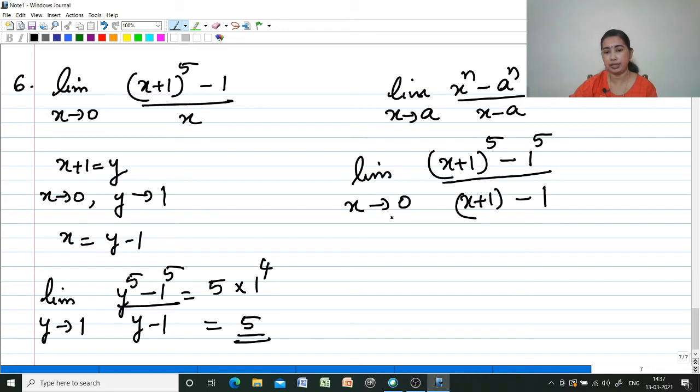Instead of x tends to 0, we can write x plus 1 tends to 1, that is the same as x tends to 0. So x plus 1 tends to 1, x plus 1 raised to 5 minus 1 raised to 5 divided by x plus 1 minus 1. Applying the standard result, 5 into a is 1 raised to 5 minus 1, the answer is 5 itself. You can go for any of these methods.